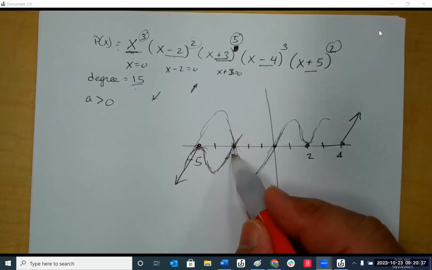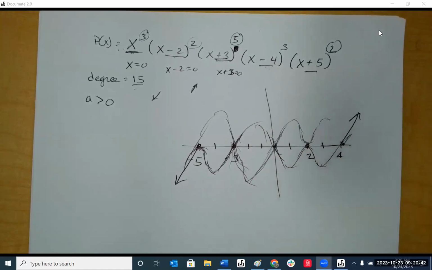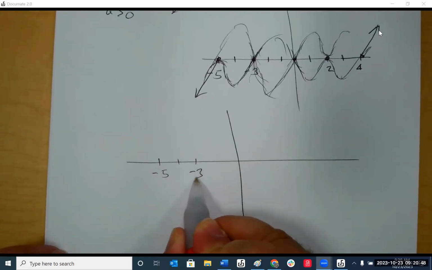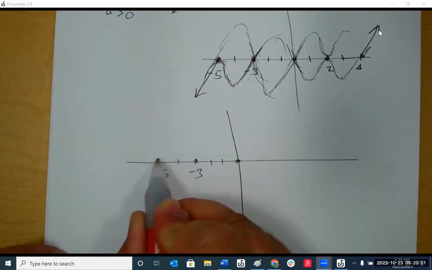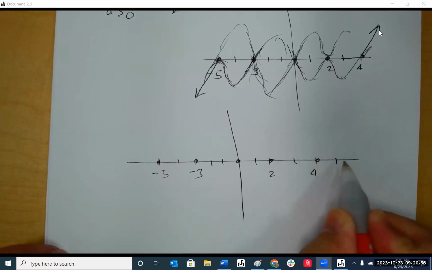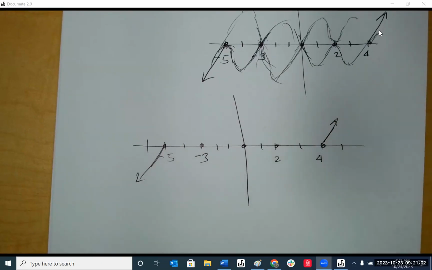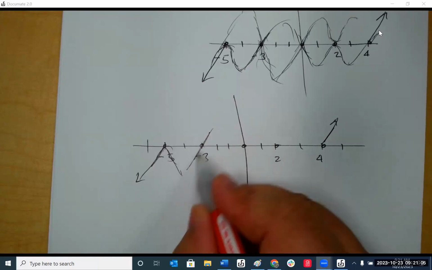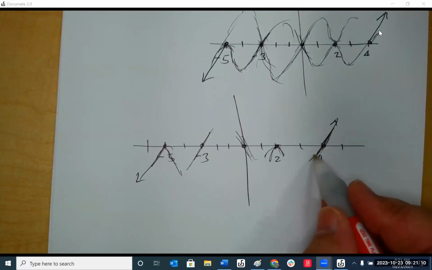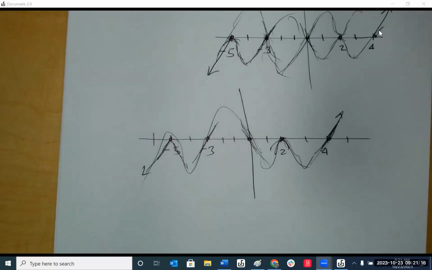And it crosses at -3. It crosses at 0. It bounces off 2. So both ends are opposite directions. It bounces off -5, crosses at -3, crosses at 0, bounces, and crosses. So now we have a shape of our graph.